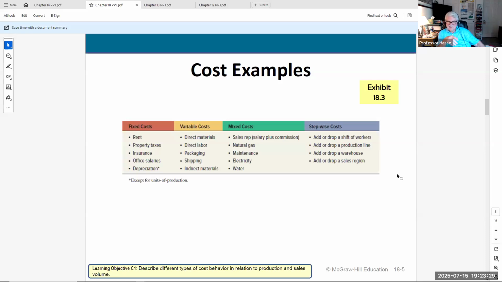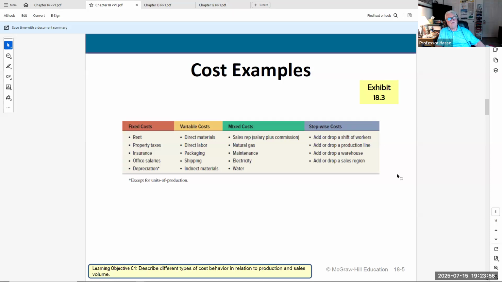Mixed costs, again, you don't have to be familiar with mixed costs, but if any of you have ever gotten your Southern California Edison bill, you will notice in that bill that there's some costs that are fixed, that never change, and other costs that do change. It's in relationship to the volume of your electrical usage. You are charged a basic rate for your electricity. That's a fixed cost.